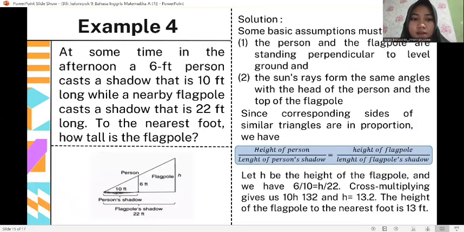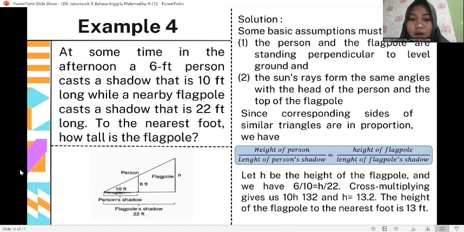The next example is example 4. At the same time in the afternoon, a 6 feet person casts a shadow that is 10 feet long, while a nearby flagpole casts a shadow that is 22 feet long. To the nearest foot, how tall is the flagpole?